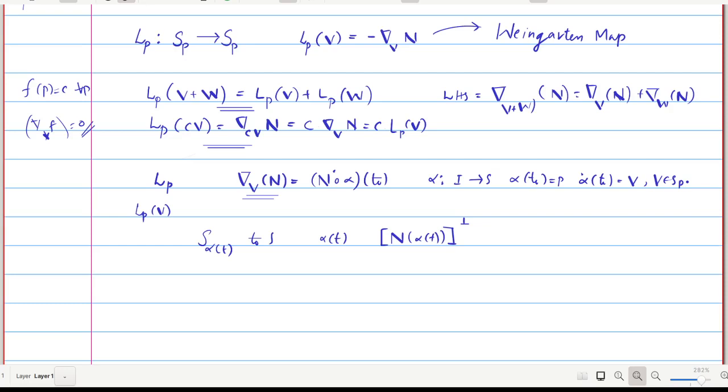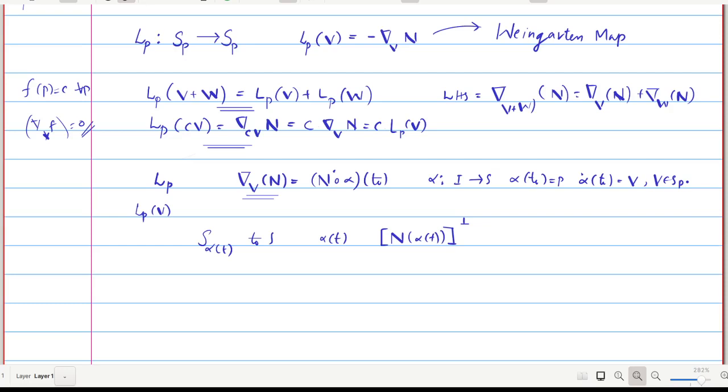Since the tangent space to S at alpha of t is just the perpendicular of the normal, the tangent space turns as the normal n turns.